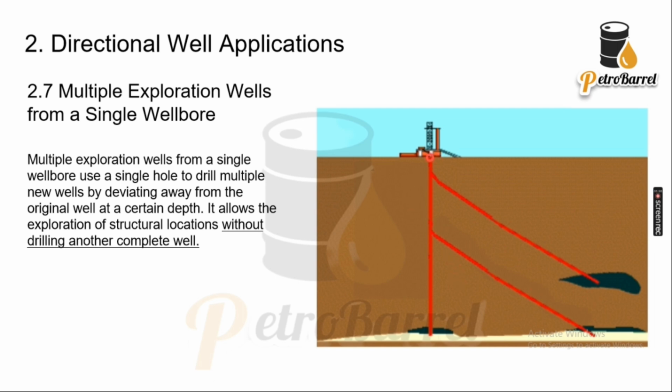Then we will trip in again and build an angle to drill the third one to reach the final or the last reservoir. So it allows me to explore structure locations, okay, without drilling other complete wells. So I'll save the cost of this part and this part according to those wells.